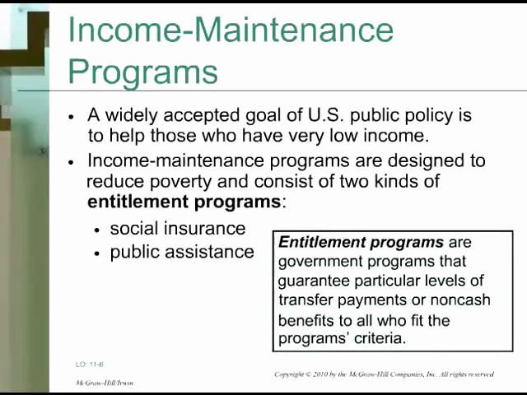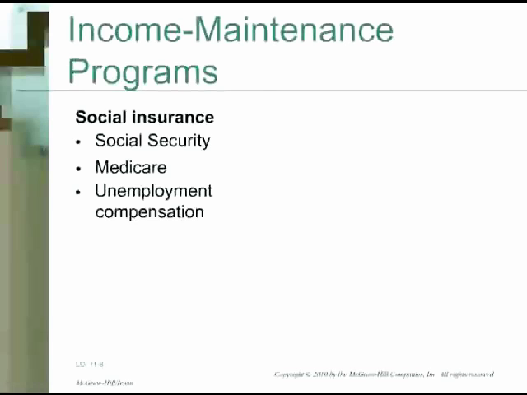Income maintenance programs are designed to reduce poverty, and they consist of two kinds of entitlement programs: social insurance and public assistance. Entitlement programs are government programs that guarantee particular levels of transfer payments, or non-cash benefits, to all who fit the program's criteria.